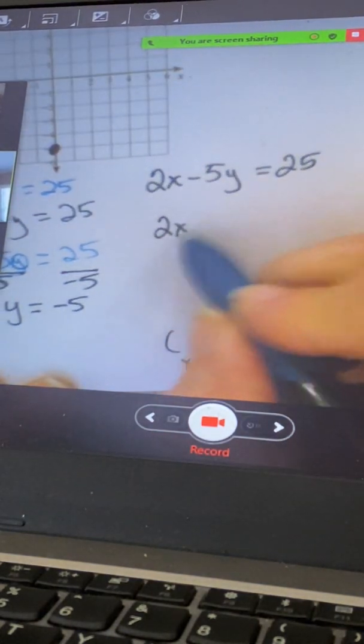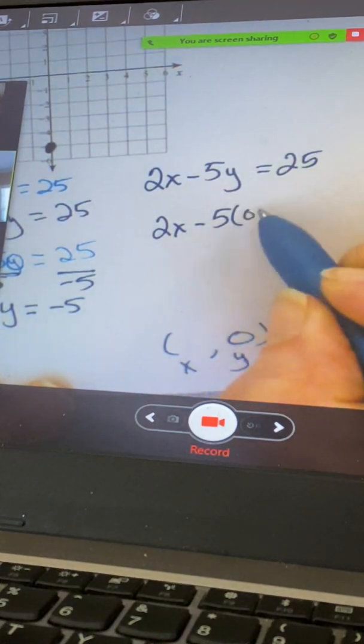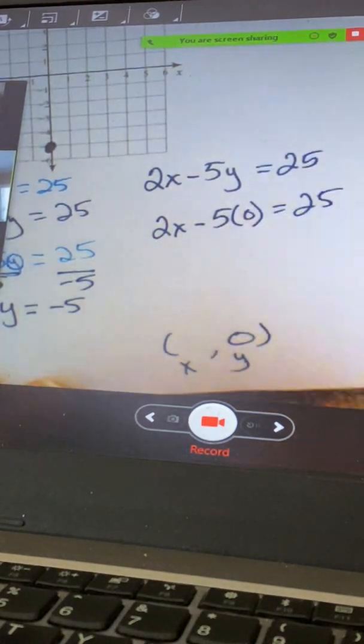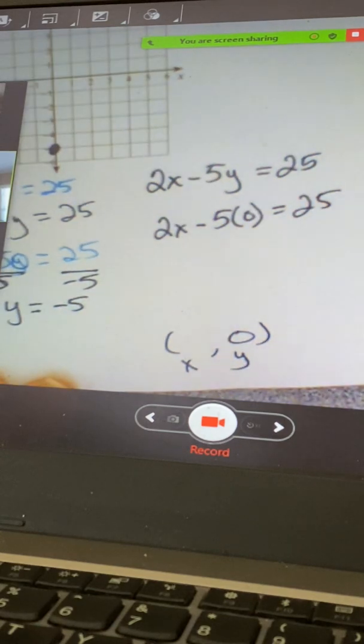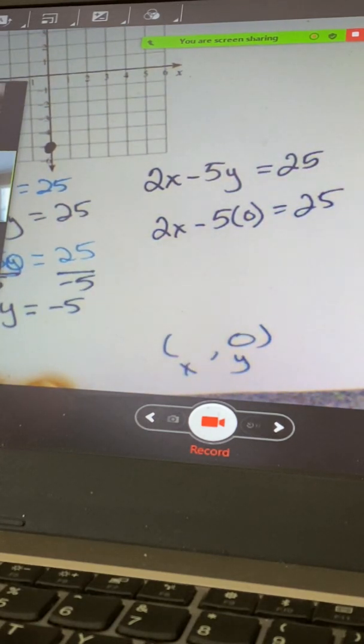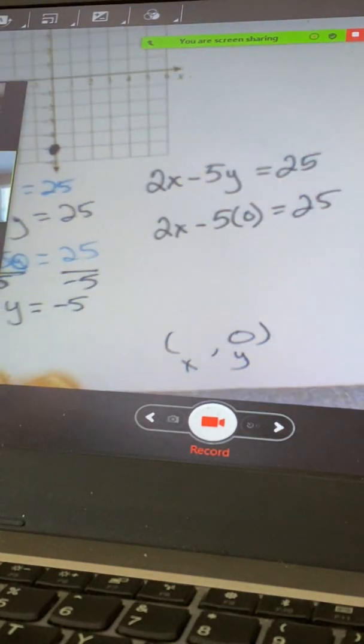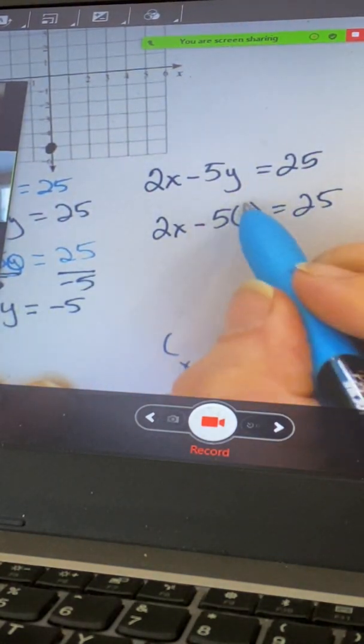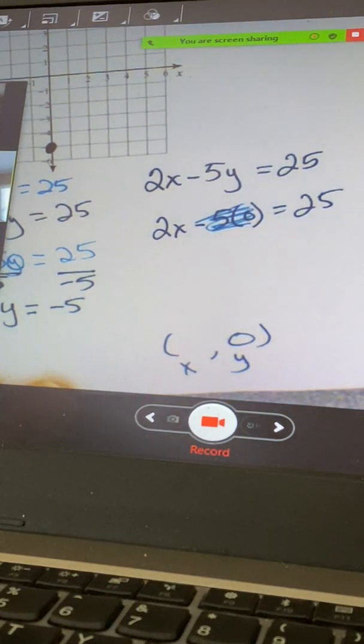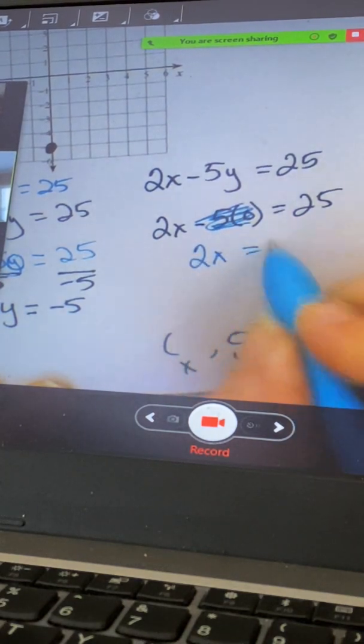We have 2x minus 5 times 0 equals 25. All right, negative 5 times 0 cancels out. So we have 2x is equal to 25.